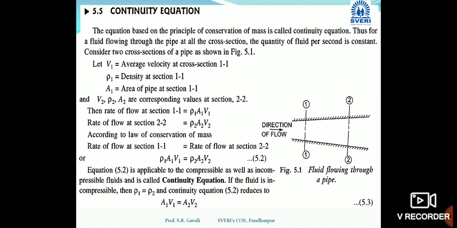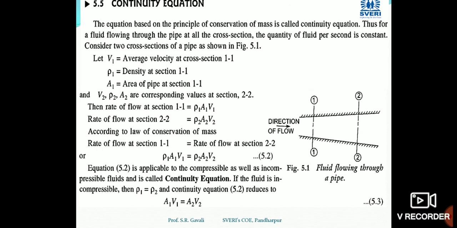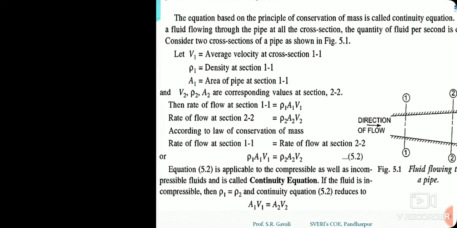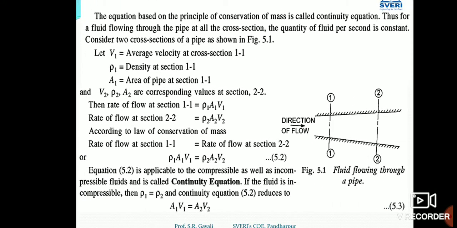Then in fluid kinematics, a very important equation is called the continuity equation, and it is based on the principle of conservation of mass. What is this principle? The mass of flowing fluid per second in a flowing fluid always remains constant.